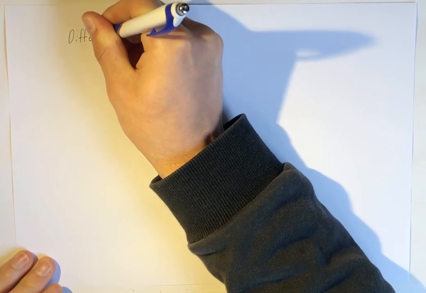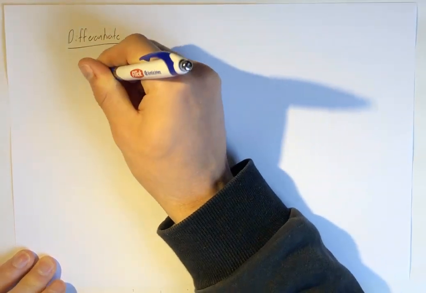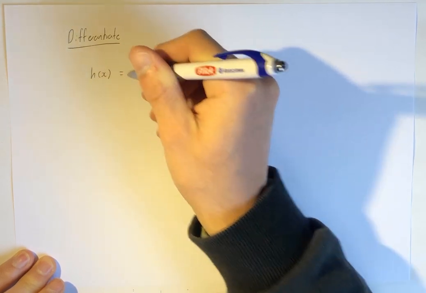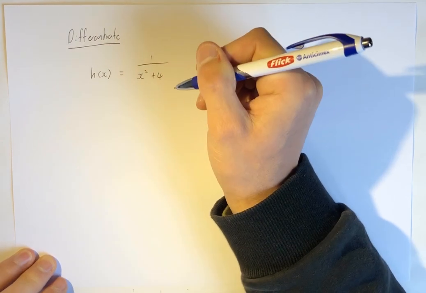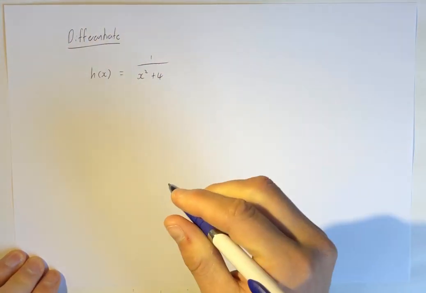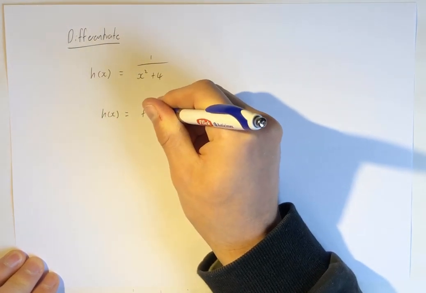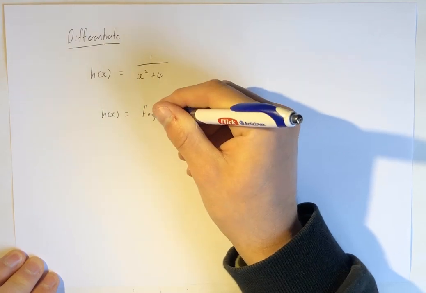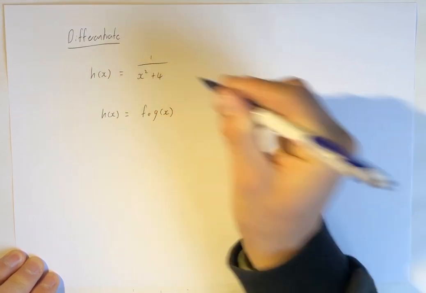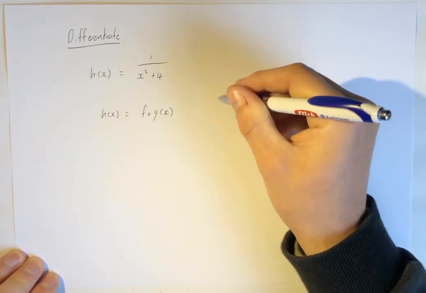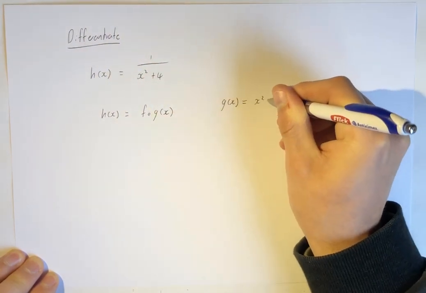Let's differentiate, they're usually h of x if they're a composite function, 1 over x squared plus 4. Alright, well, h of x is obviously a composite function, f composed of g, and a variable is x, naturally. g of x is the inside function, so it's x squared plus 4.